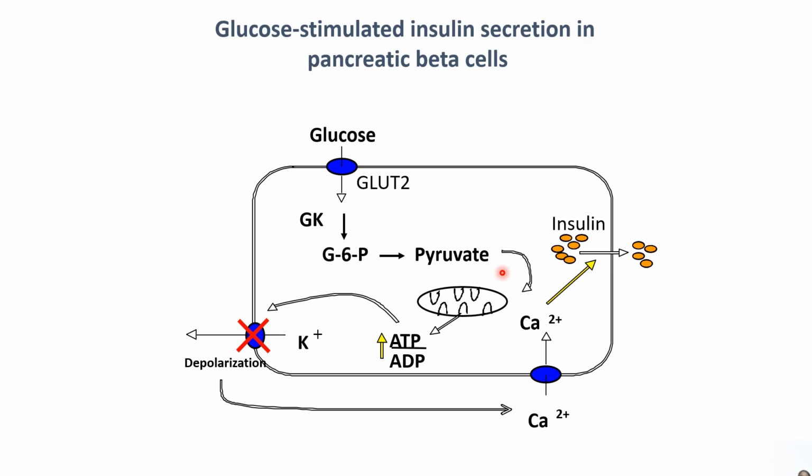Now there will be insulin secretion because of the glucose present, right? So that is why we call it glucose stimulated insulin secretion in pancreatic beta cells. Okay, so the body recognizes that there is glucose in the system and we should secrete insulin. So glucose metabolism determines secretion of insulin.